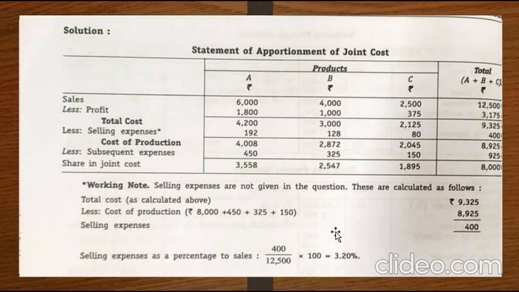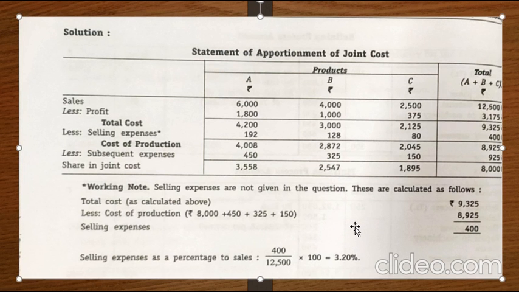So 400 divided by 12,500 into 100. You can do the calculation either way. Cross multiplication is also the same. For 12,500 it is 100%, then for 400, what is it? A question mark. So cross multiply 400 into 100 divided by 12,500, which will give you 3.20.